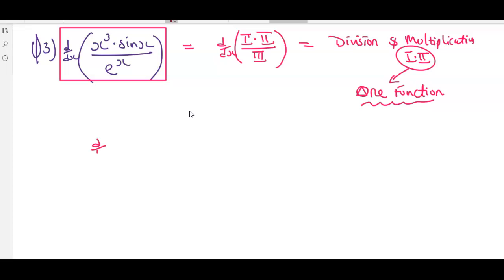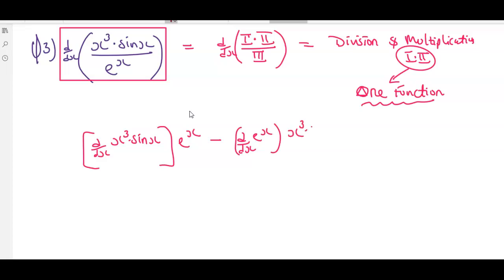It is d by dx of x cube into sine x, e to the power x as it is, minus derivative of e to the power x, and in the denominator we have e to the power x whole square.